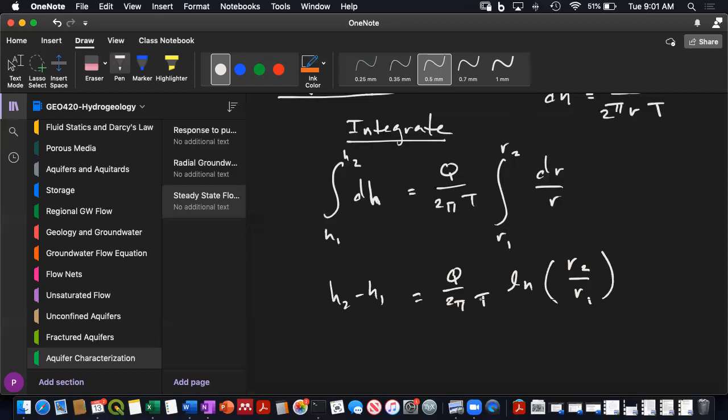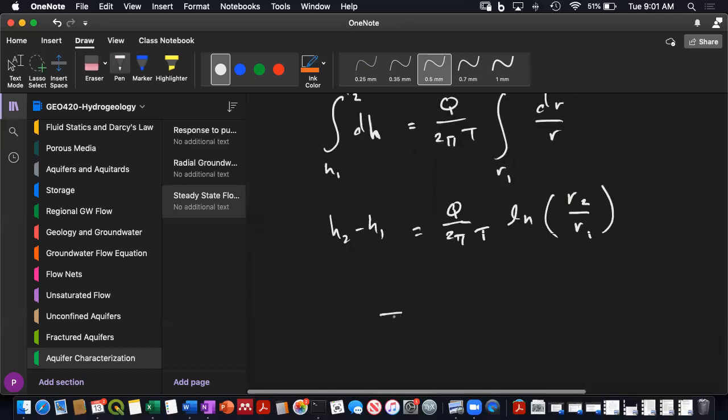And now I can rearrange because what I'm after is the transmissivity. So the transmissivity is equal to the pump rate Q over 2 pi times H2 minus H1 times the natural log of r2 over r1.